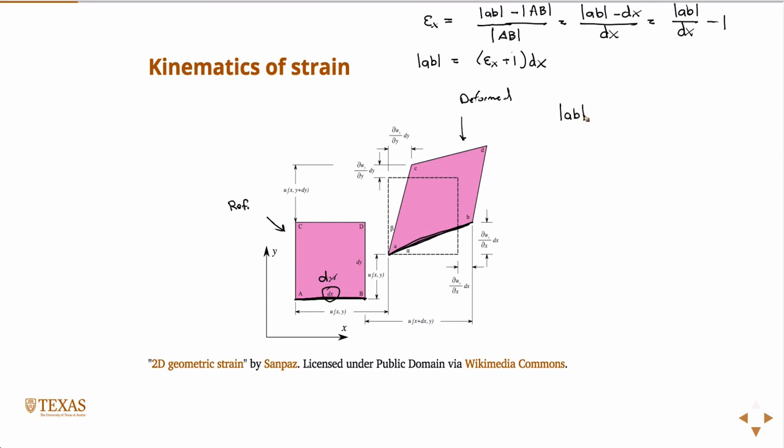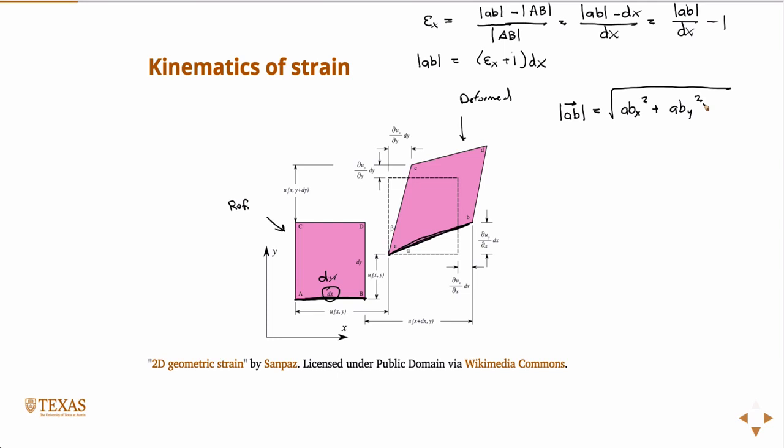I'm just using the points to define it, right? It's the vector between the points A and B. And the vertical lines indicate that it's a magnitude. Right? So the magnitude of a vector is the square root of the sum of the squares of the components. So it would be AB x squared plus AB y squared.